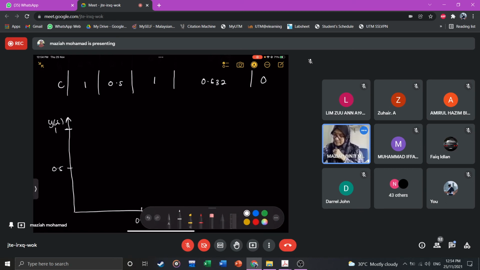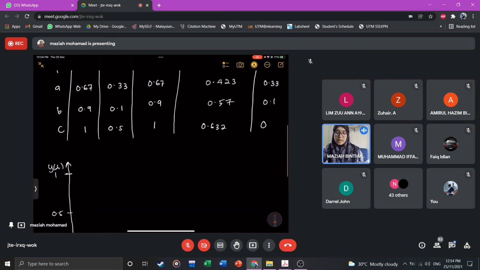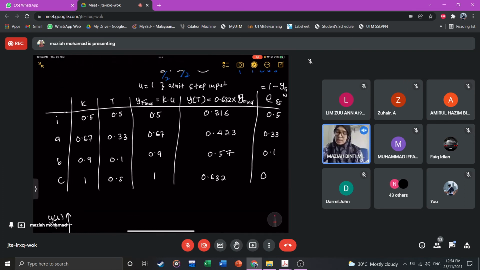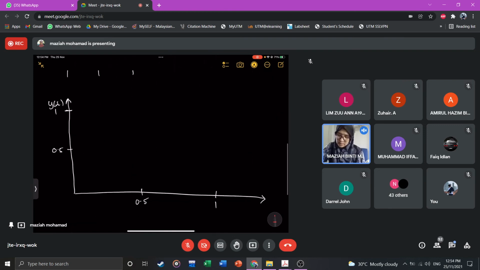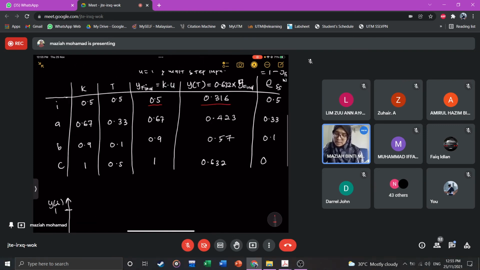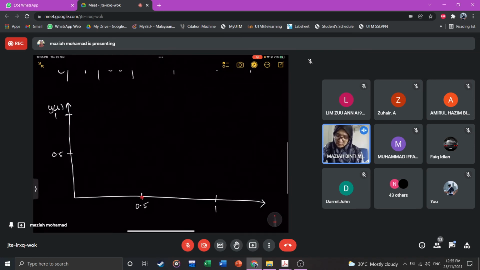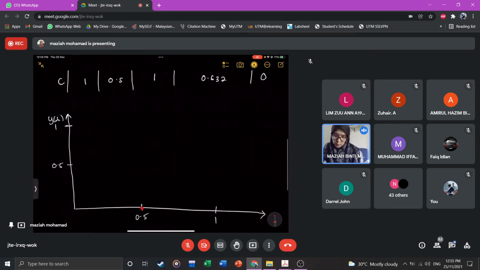For system A, when there is no controller, it will reach 0.5, and for the time constant it will reach 0.316. The value of the time constant is 0.5, so at 0.5 it should reach 0.32.